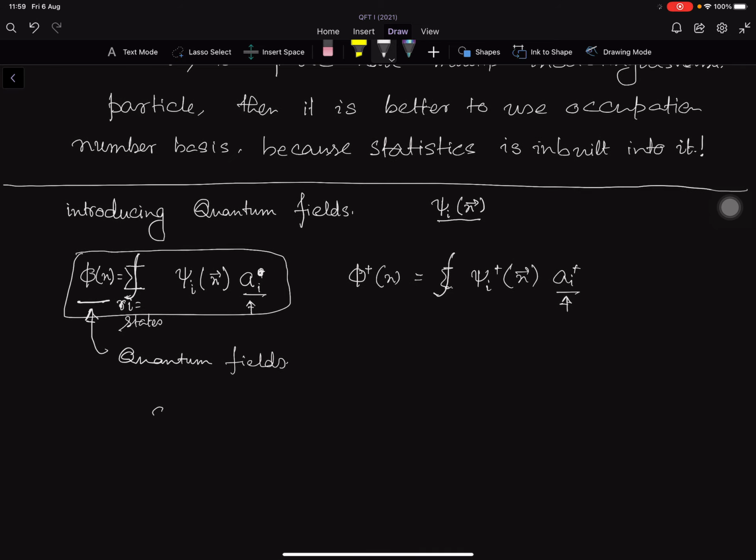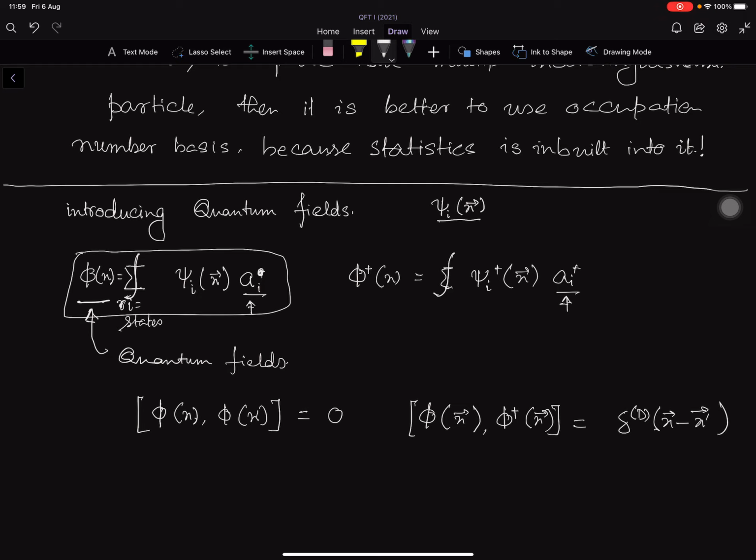You can also verify one important thing. Note that this summation or integration has nothing to do with spacetime. This is a summation over states.